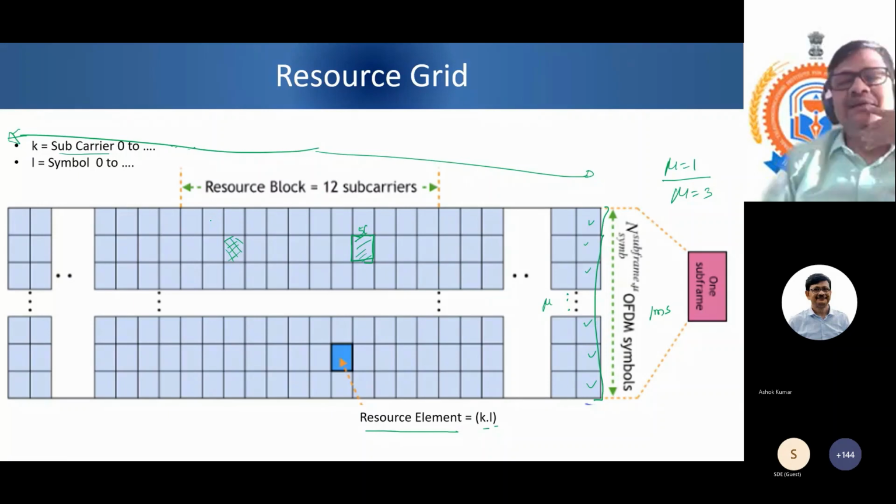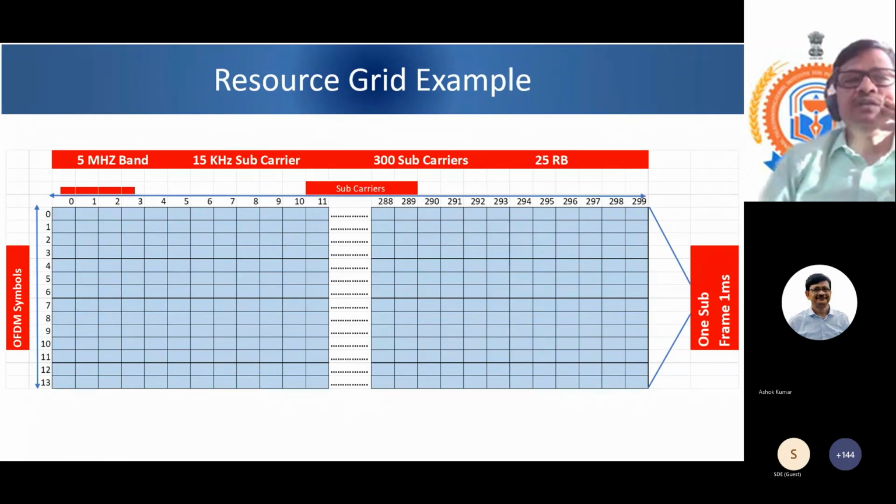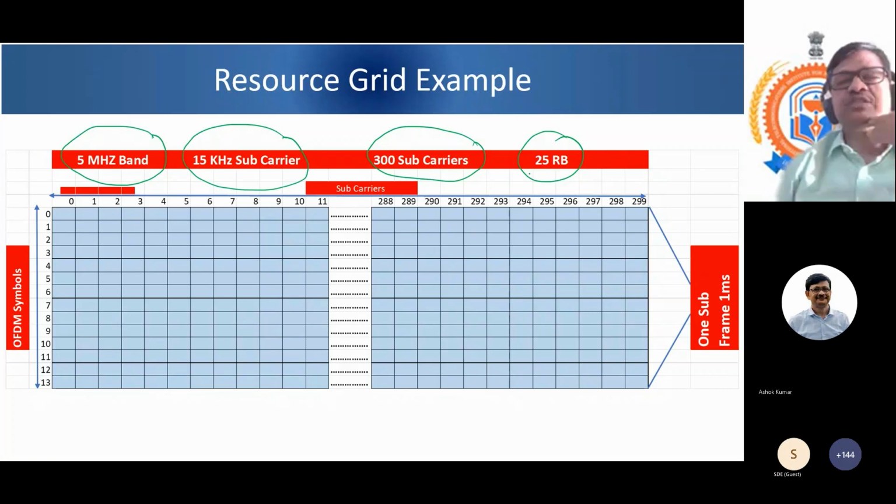I have tried to make an example for you. This is an example of 5 megahertz channel bandwidth, and I have used 15 kilohertz subcarrier spacing. If you recall, we can have 300 subcarriers and 25 RB, as we saw in the table. So how to make a resource grid of this?